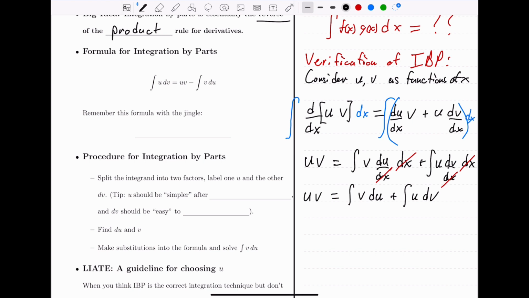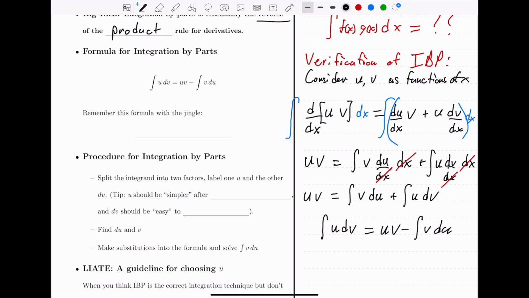Now, if we subtract the integral of v du from both sides, then we'll obtain the formula for integration by parts. The integral of u dv, that's coming from this right here, equals uv minus the integral of v du.